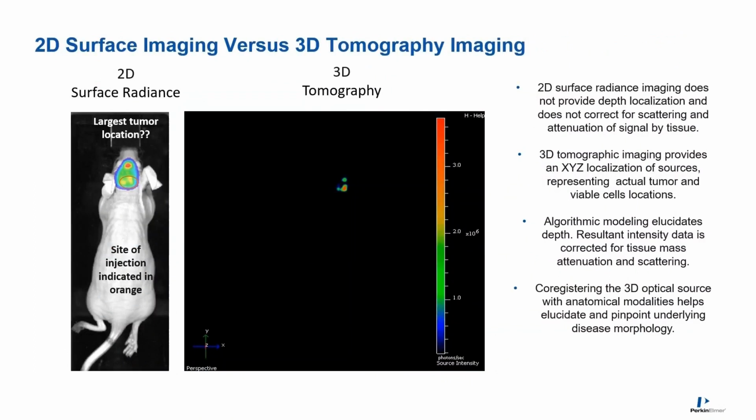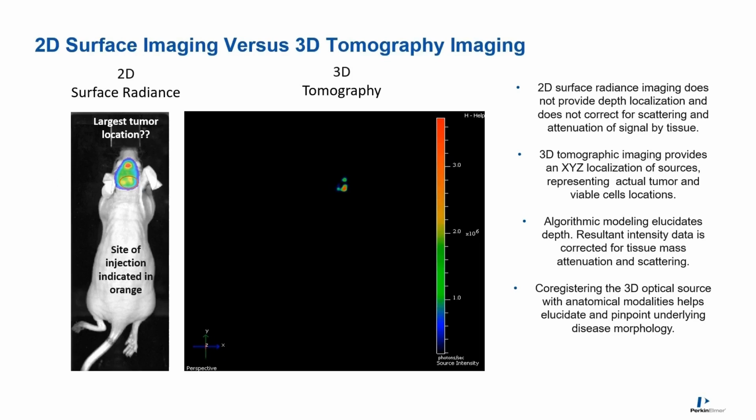From the previous slide, I've shown you a picture of 2D imaging whereby we have a bioluminescent signal represented in a pseudo color that's overlaid onto a snapshot of a mouse, similar to what is shown here. Right. In this mouse, we have injected some labeled cancer cell line in the head. But based on 2D imaging, we cannot tell where these cells are localized spatially within the animal, as well as in 3D, because anatomical information is lacking.